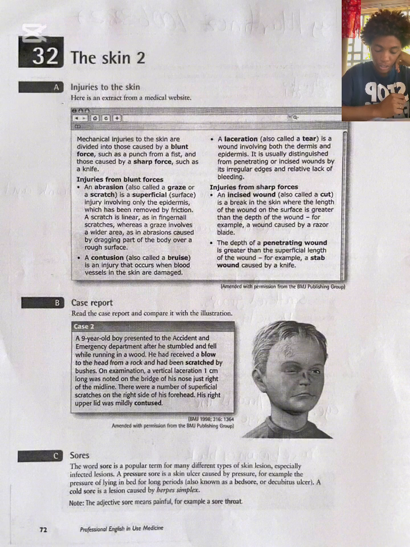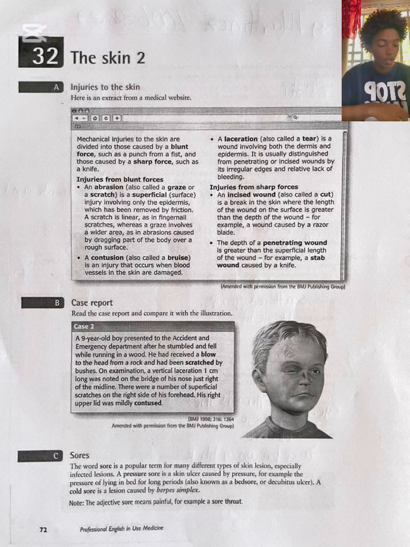A scratch is linear, as in fingernail scratches, whereas a graze involves a wider area, as in abrasion caused by dragging part of the body over a raw surface. A contusion, also called a bruise, is an injury that occurs when blood vessels in the skin are damaged.